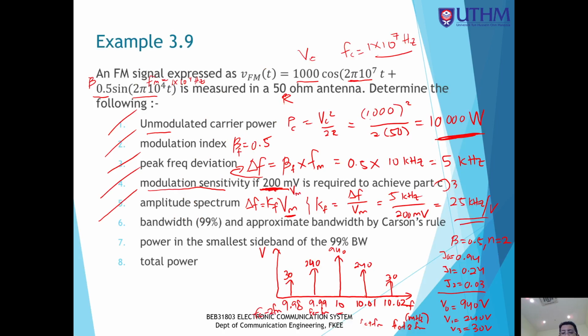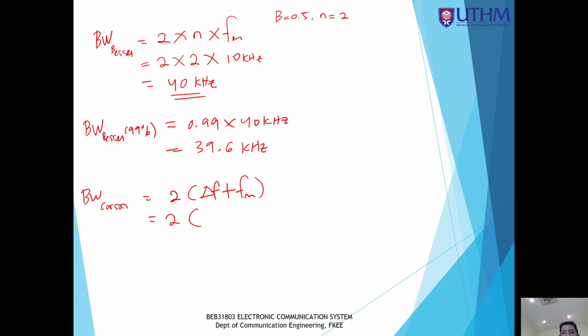We already found delta F is equal to 5 kilohertz from question number 3, plus 10 kilohertz given in the question. So 15 times 2, we get 30 kilohertz.